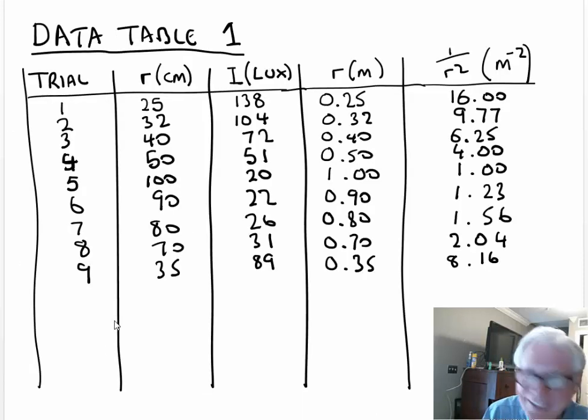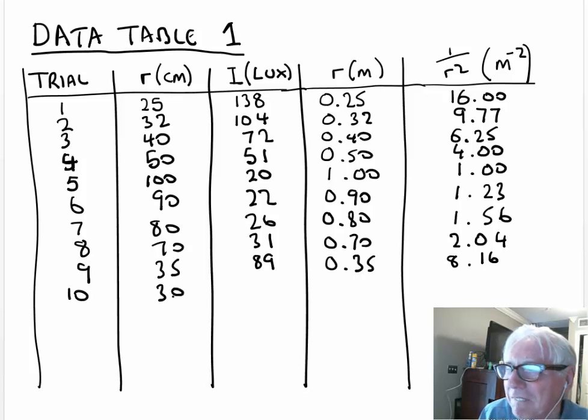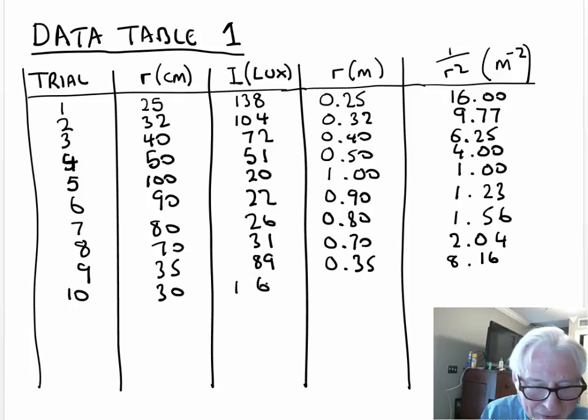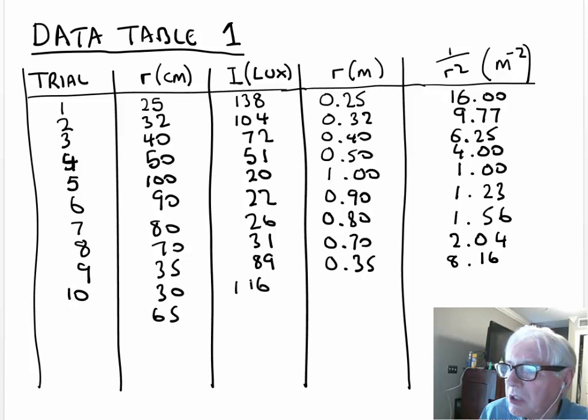So then let's have a look. We had 10. They went to 30. And they got 116. And then they went to 65. And they got 116? Yeah. And then they got 34. And then they went to 85.